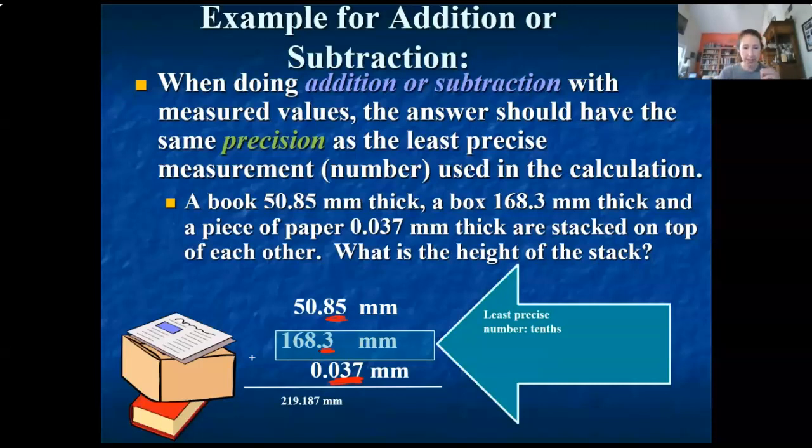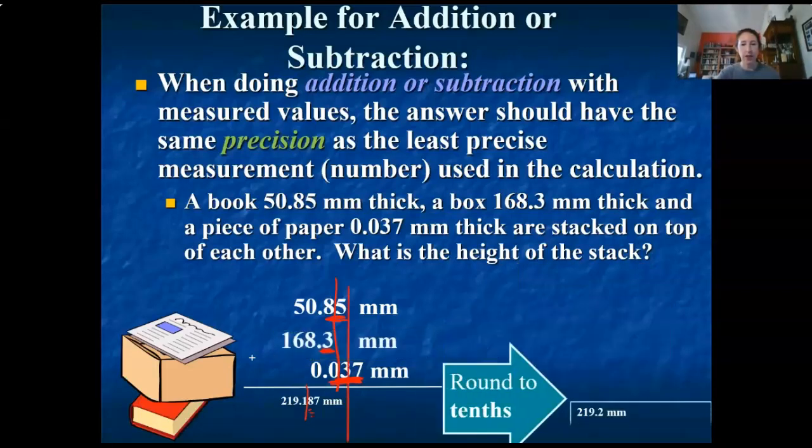That means our answer can only have 1 number past the decimal. Then we see this 8. This 8 says round up. So when we round it, it'll round to 219.2.